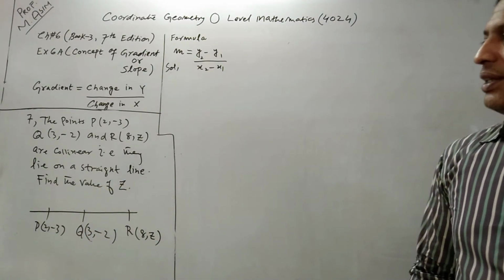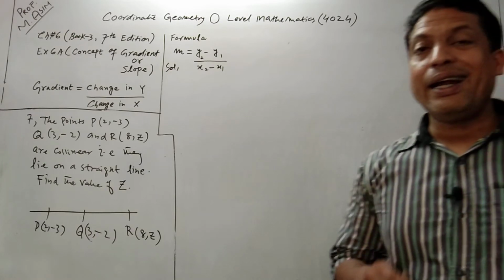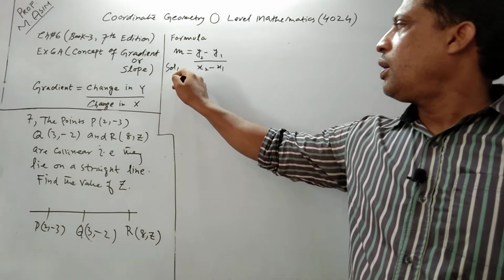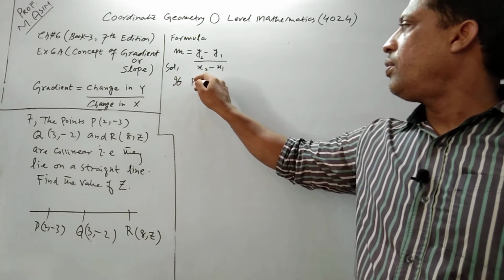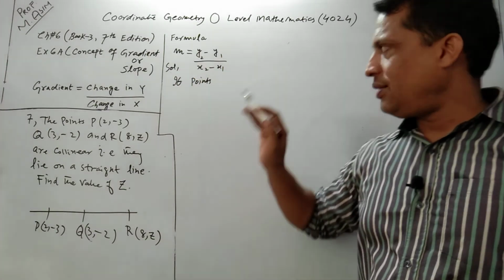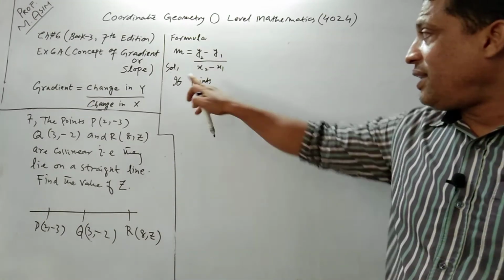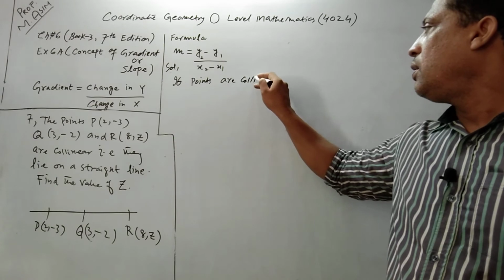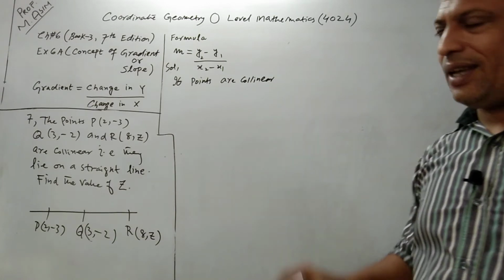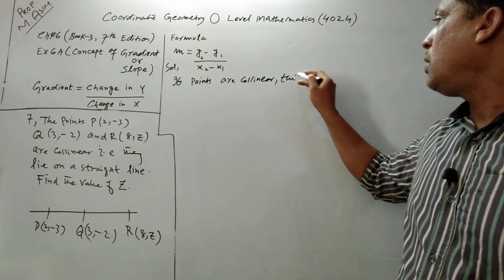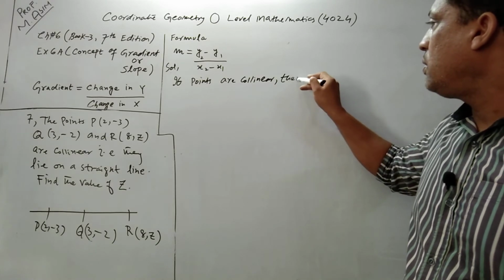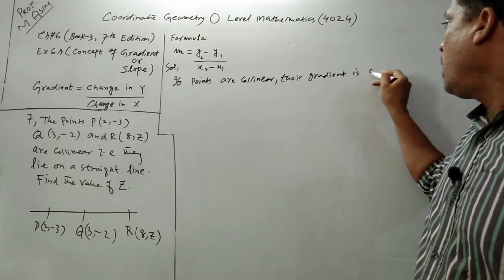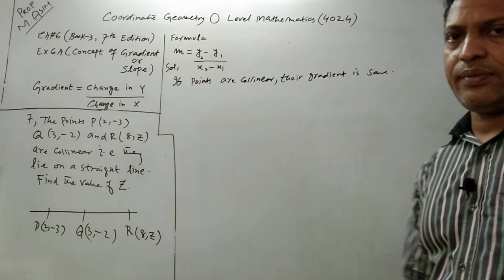But what is this information related to gradient, I am writing over here. You must keep in your mind this important line. If points are collinear, their gradient is the same.